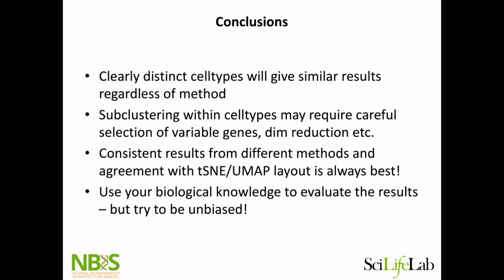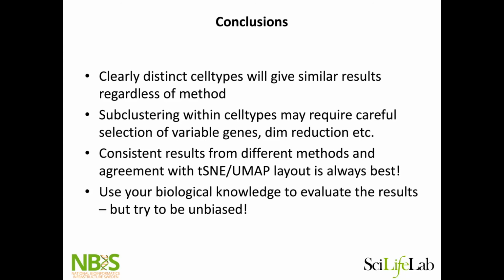And as a conclusion, in most cases, it's not super complicated. If you have distinct cell types, they're quite easy to distinguish. But within cell types, subtypes, or different states of cells, then it starts being complicated.